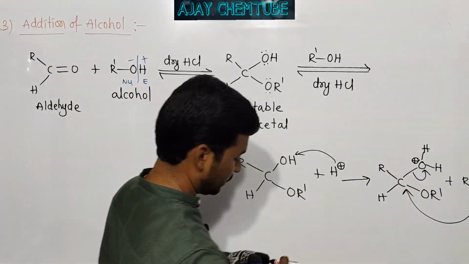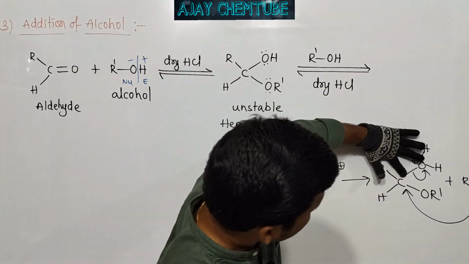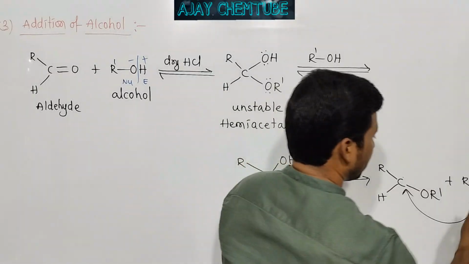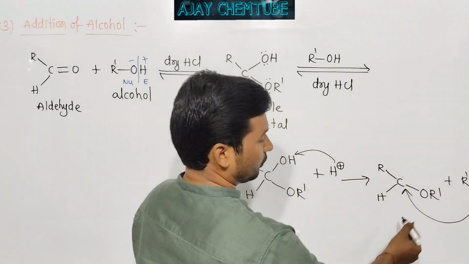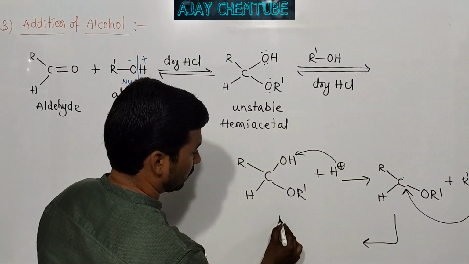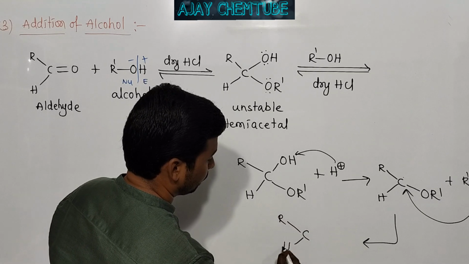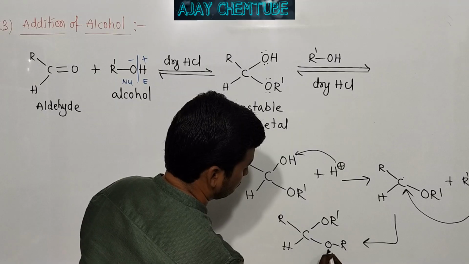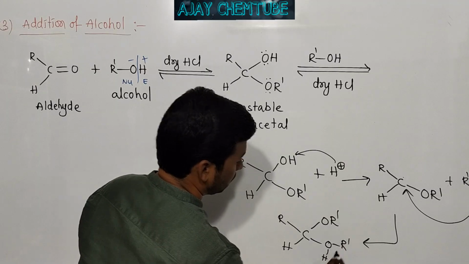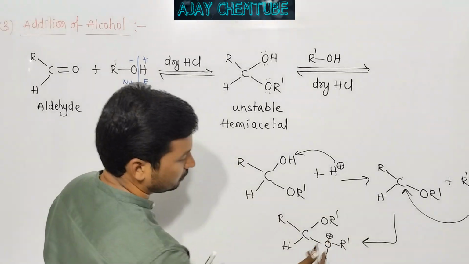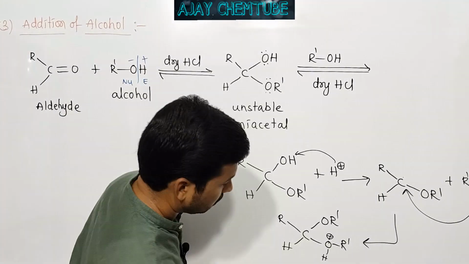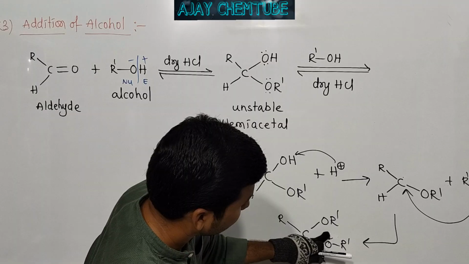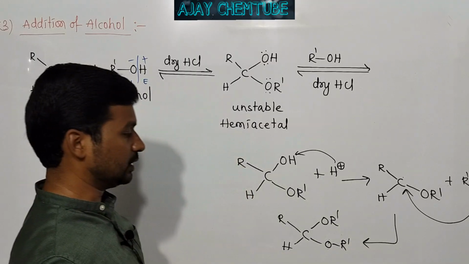After elimination of this one, I am showing here, this is eliminated like this. Now one more ROH is added. After addition of ROH, this oxygen becomes positive, so this oxygen takes the bond pair and loss of H plus takes place like this.